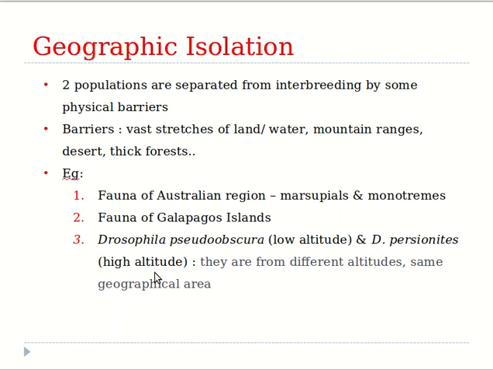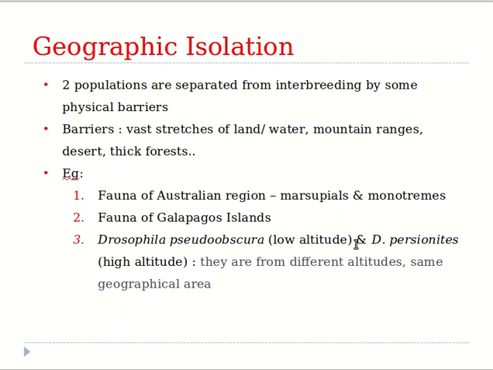altitude areas. So obviously these two species, even though they are very close, even though they are found in the same area, because they are found at two different altitudes, they never come together for interbreeding. They are always at two different heights. High altitude means maybe at a higher mountain level, and low altitude means almost along the sea level.